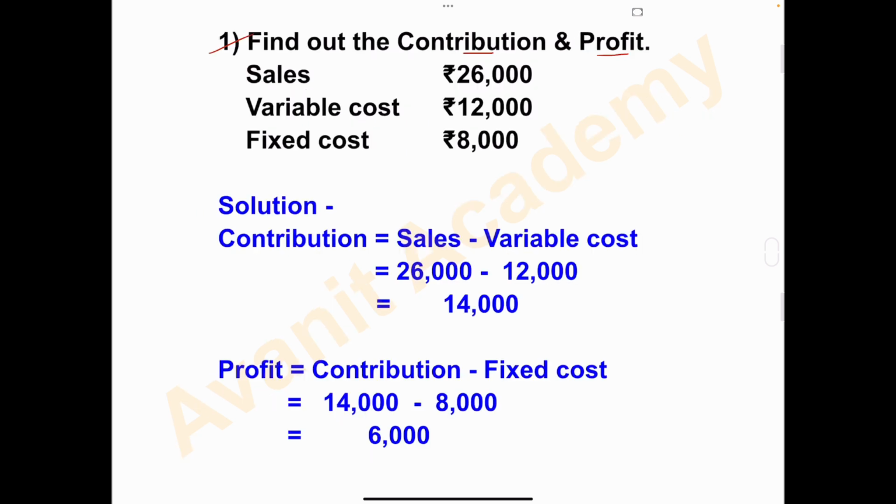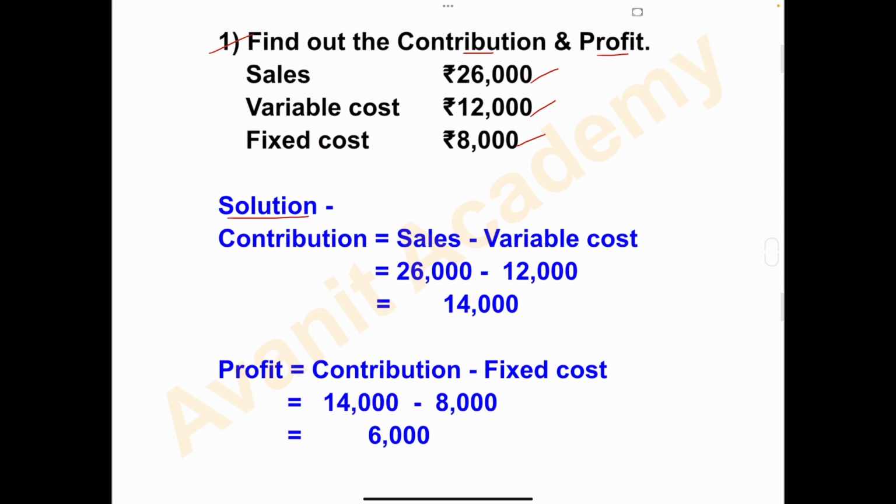Find out contribution and profit. Sales rupees 26,000, variable cost rupees 12,000, fixed cost rupees 8,000. So here they have given sales, variable cost amount and fixed cost amount.